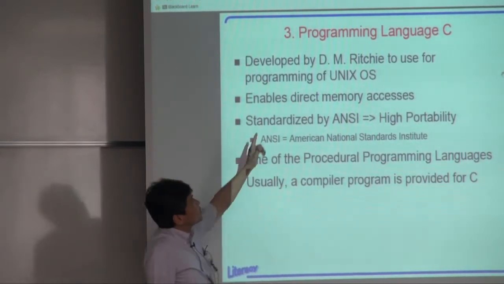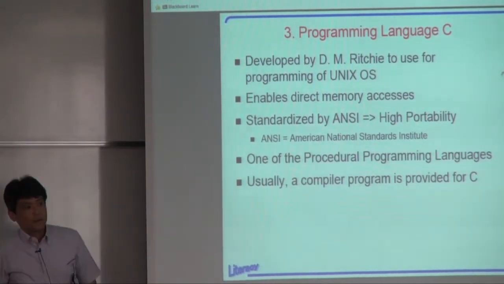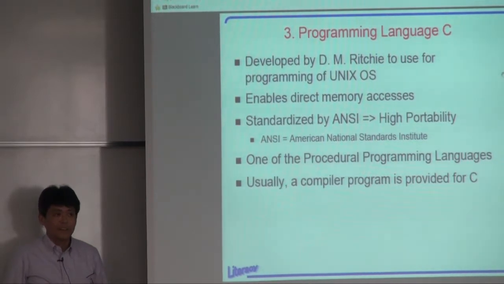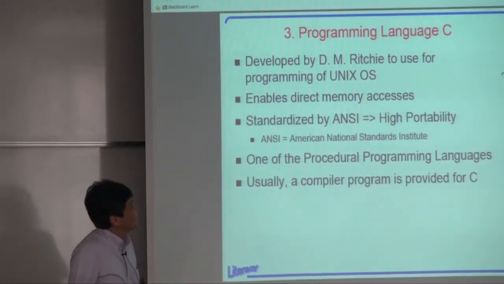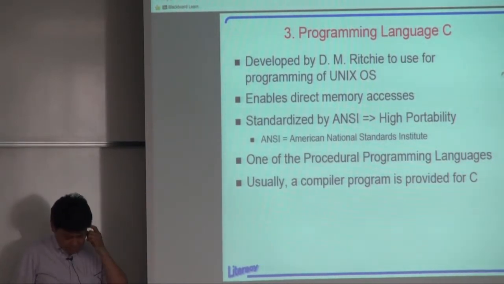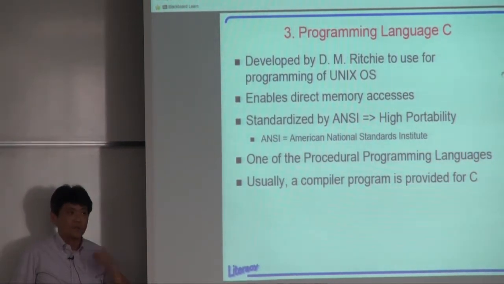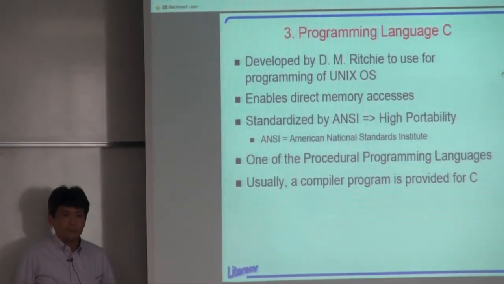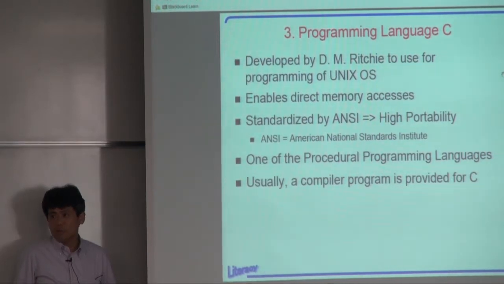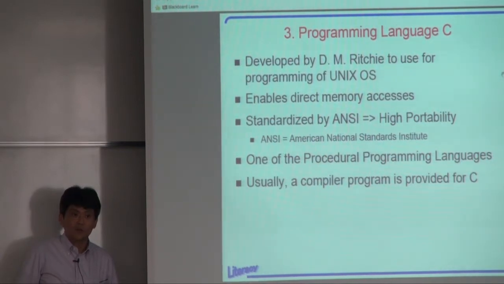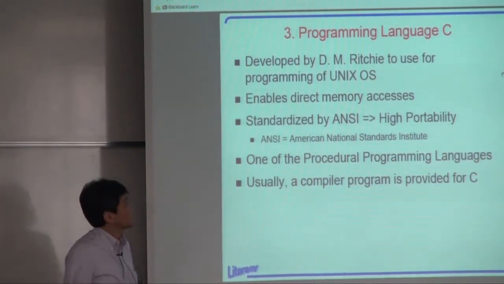Dennis Ritchie established and built the C programming language. A particular feature of the C programming language is that it can access the main memory directly. Usually other languages cannot provide such a function, but C provides it.